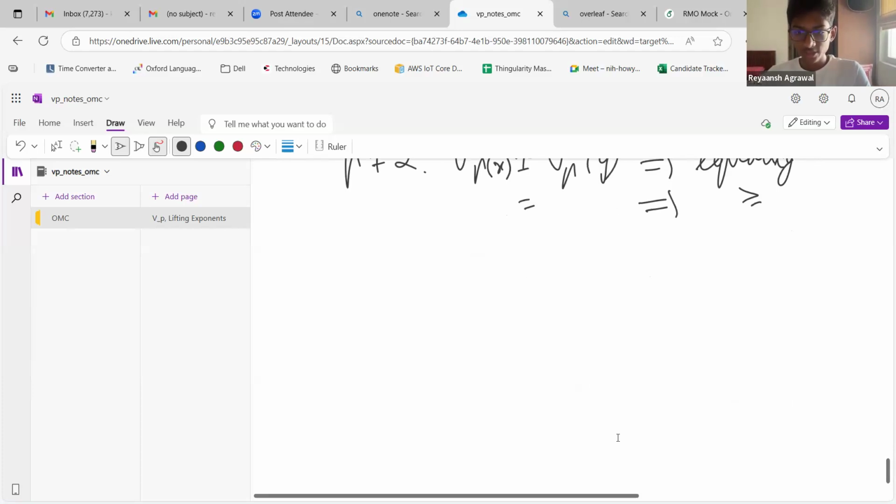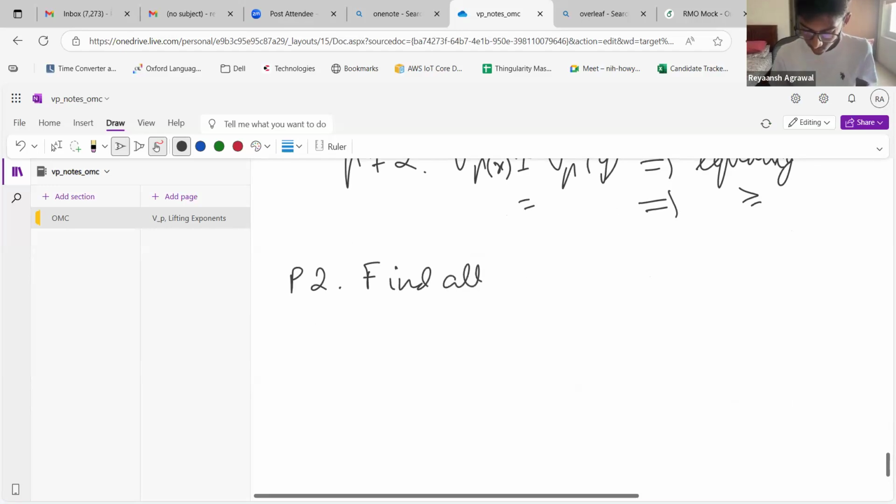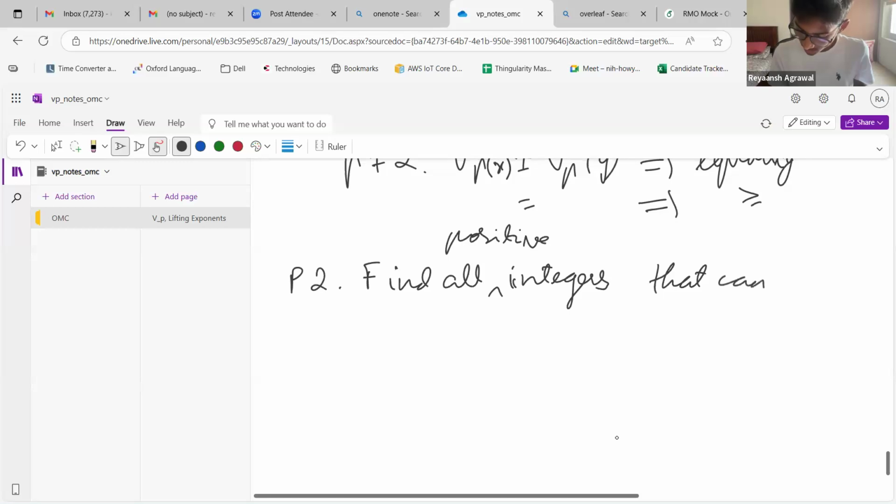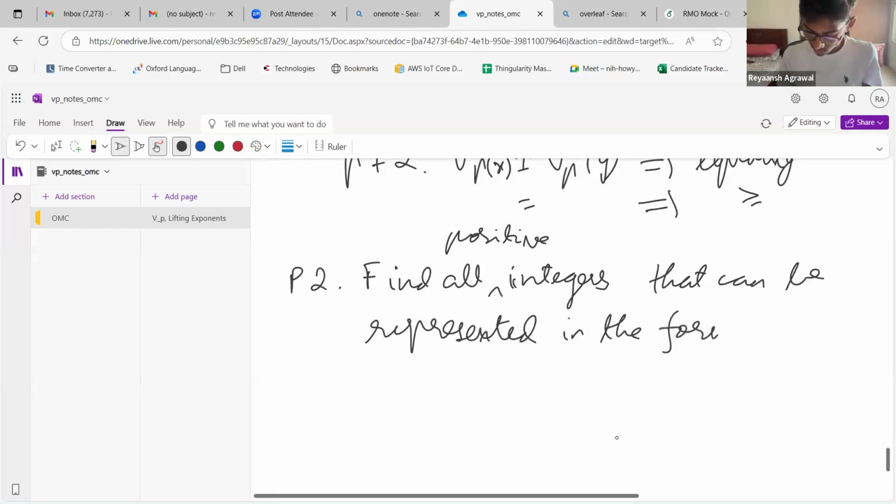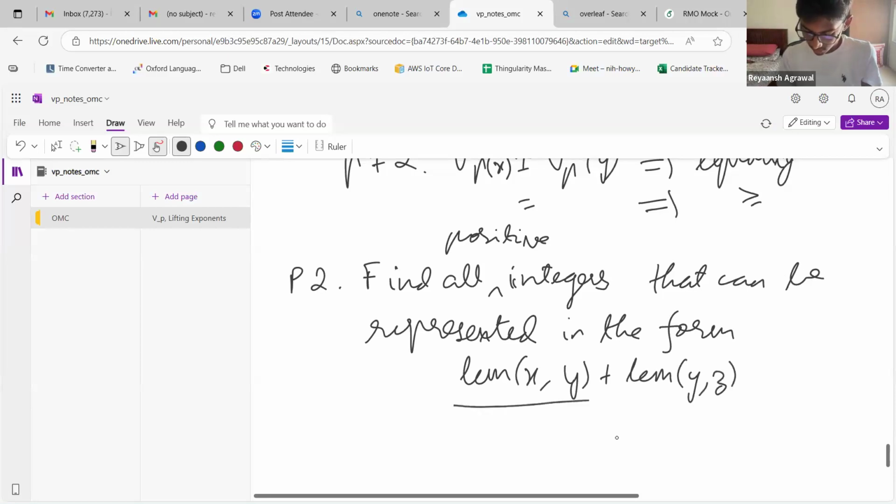So we'll now do another problem. Find all positive integers that can be represented in the form LCM of x comma y plus LCM of y comma z over LCM of x comma z.